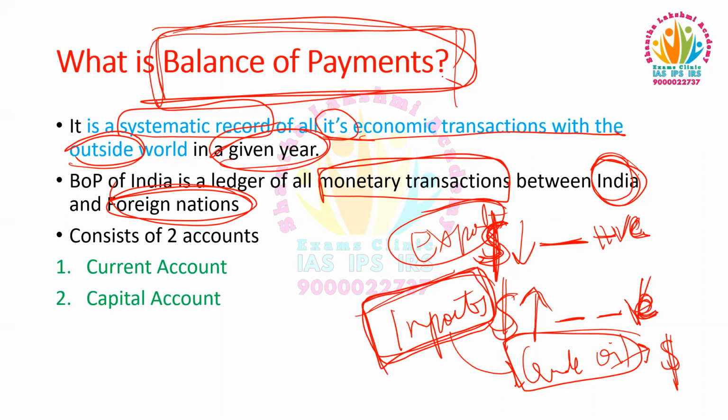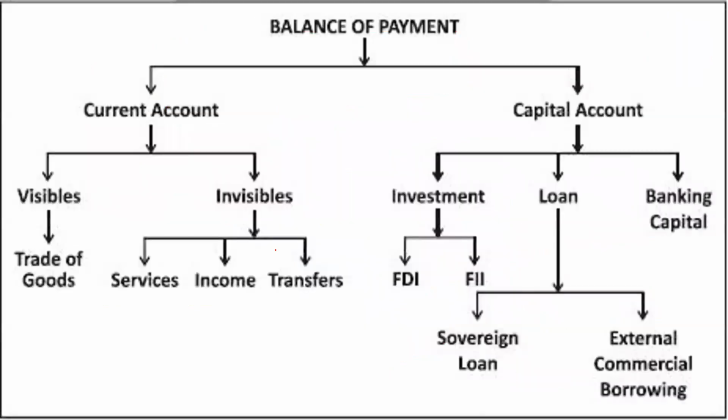And this balance of payments consists of two accounts, that is current account and capital account. Let us discuss those also. What does the current account mean? Current account transactions are single-time, one-time transactions. That means the transaction, either receipt or payment, happens once and then the transaction ends itself. If an Indian buys an American car, the dollars will flow out of BOP, right?